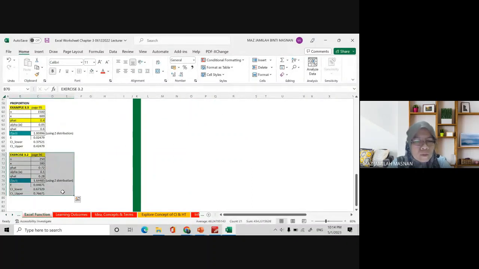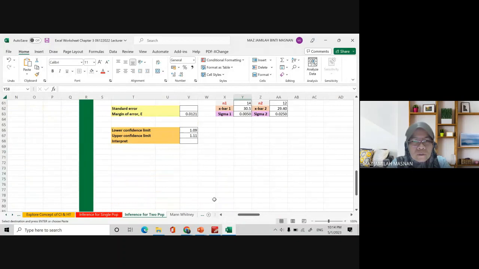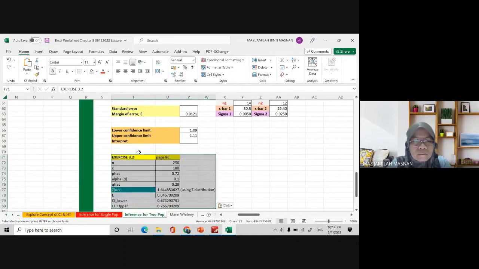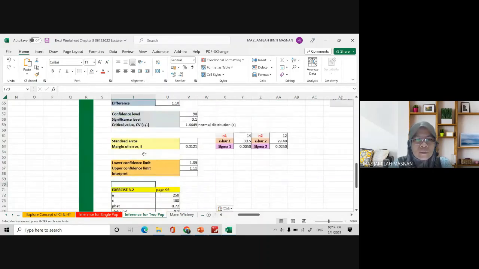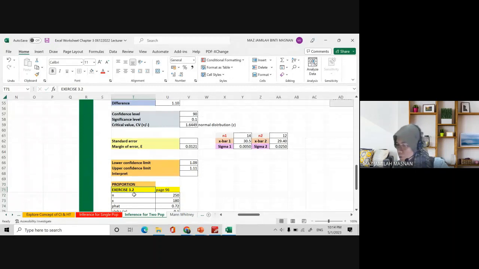Okay, Control C, to population. So I put it here. Okay, this one is for proportion. I will share this template with you later. So let's say for proportion, we are talking about example 3.11.